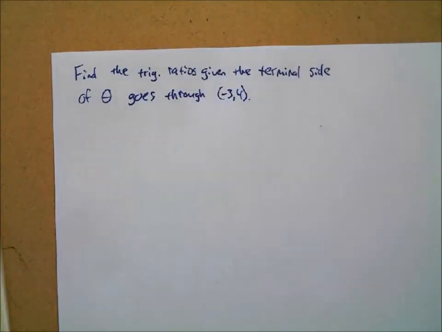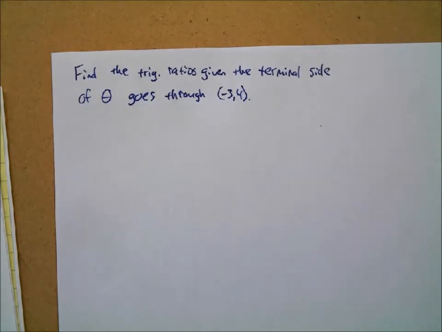What does it mean? Good question. What does terminal mean? It's like an airport. That's right. So we're going to start and stop our journey. Find the trig ratios of the airport, not just ratios. And the airport's at -3, 4. I don't think they do it like that. I think it's usually like 4B or 6B.